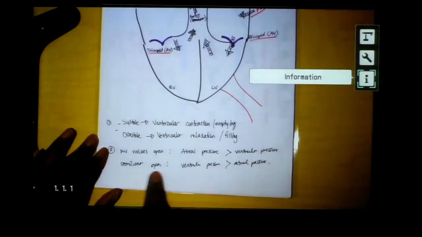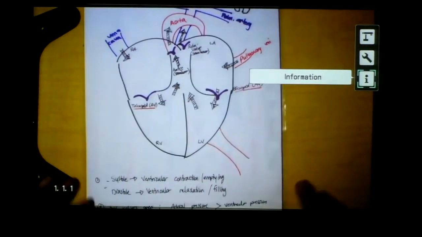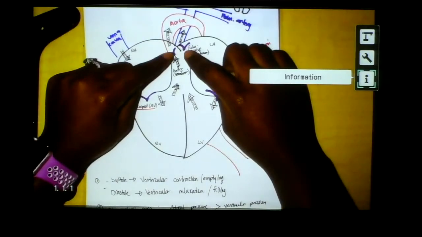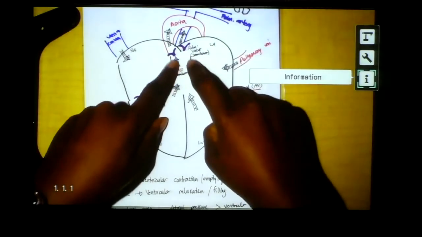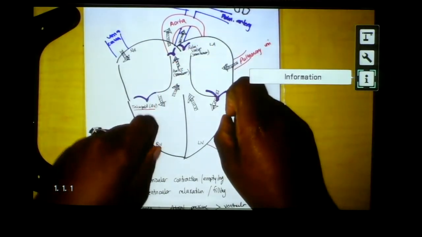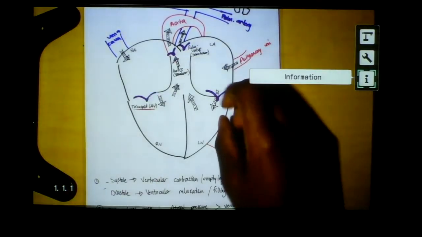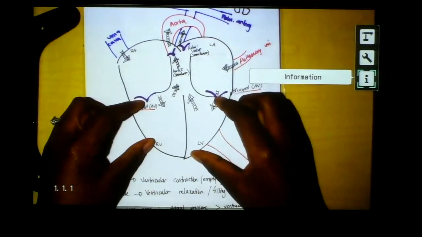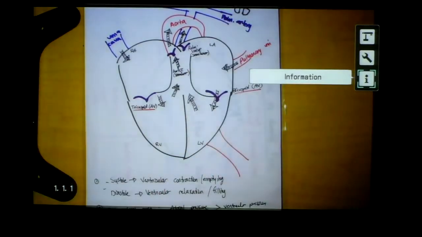Likewise, the semilunar valves will only open when the pressure here exceeds the pressure in the vessel, the pressure out here. So the valves here, right, are pulmonary on the right side and aortic on the left side. These valves only open when there's high enough ventricular pressure to actually force these open. This is a passive process, okay?